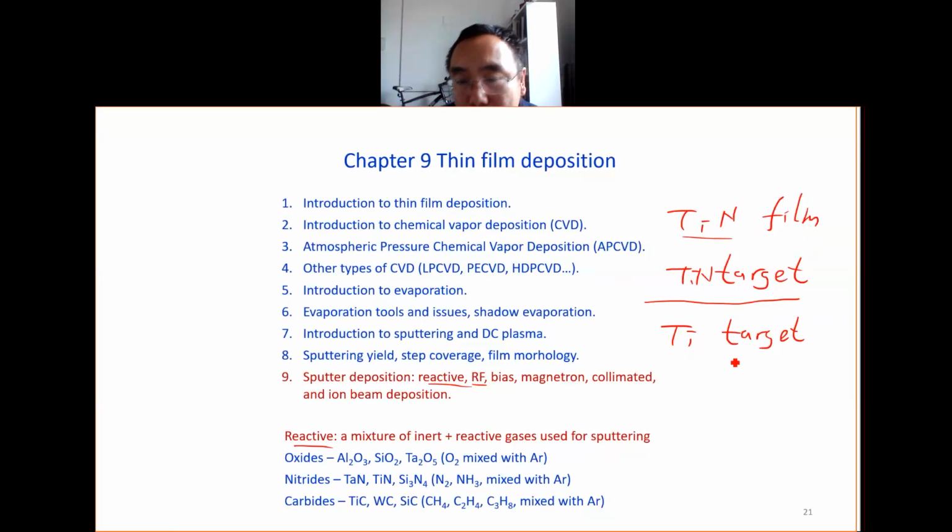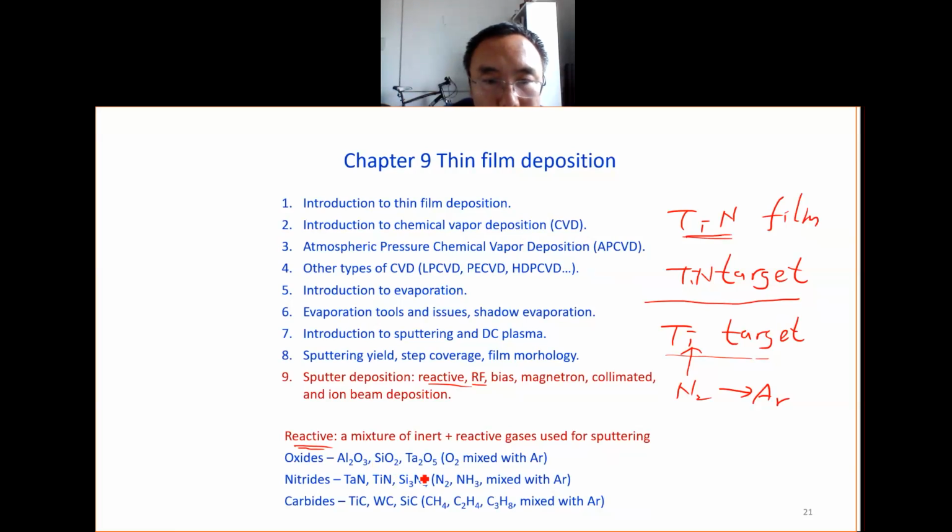We can also use a titanium target and add nitrogen into the argon. When we add nitrogen into the argon, the nitrogen will combine with the titanium atoms to form the titanium nitride film. This is the idea of reactive sputtering.